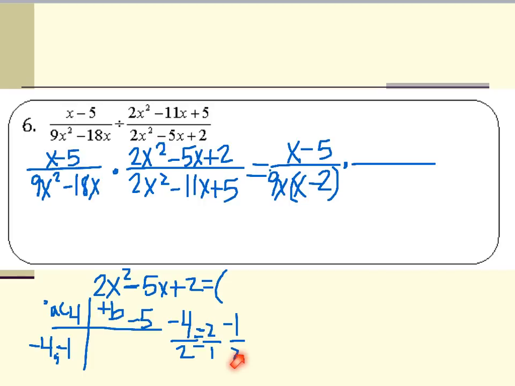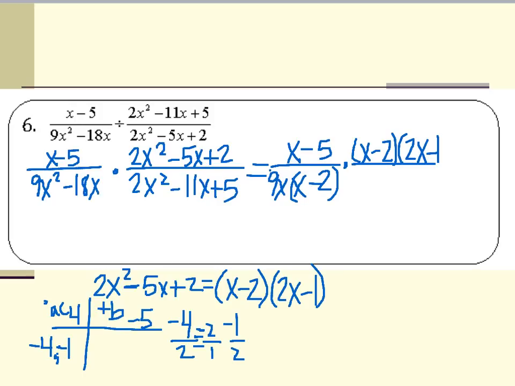This will come first in my second set, and this will come second. So I'm going to have a 1x minus 2 times the quantity 2x minus 1. So let's write that up here, and that will go on the top. So it's x minus 2 times the quantity 2x minus 1.